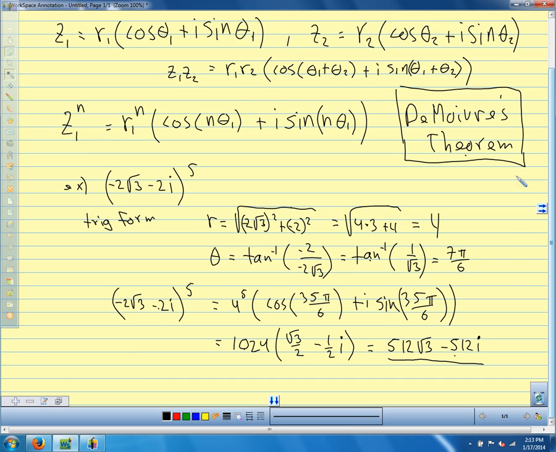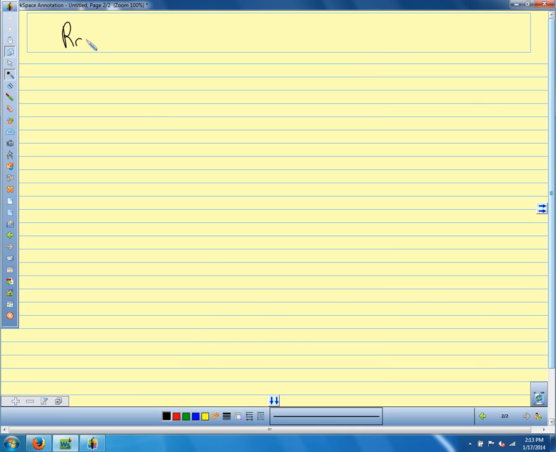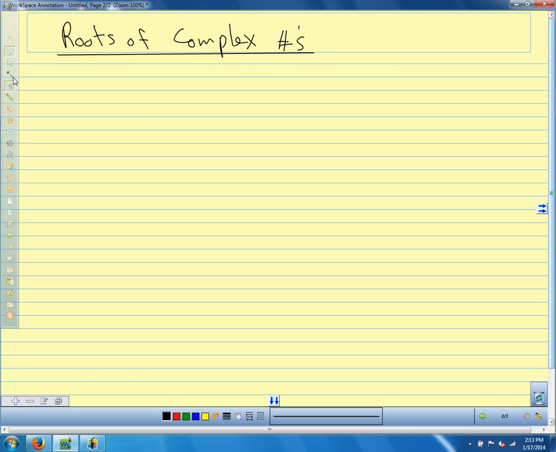All right, so the next thing we want to do is go the opposite direction. Rather than finding a power of a complex number, we want to find a root of a complex number. So let's think about what's going to happen if we have some number and we want the root of a complex number.